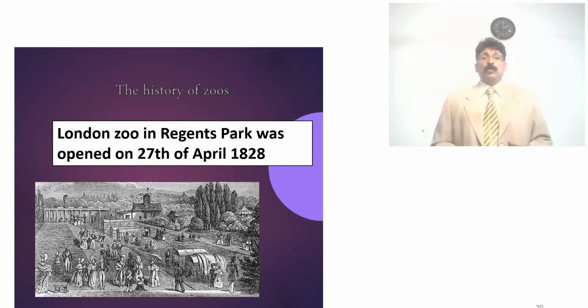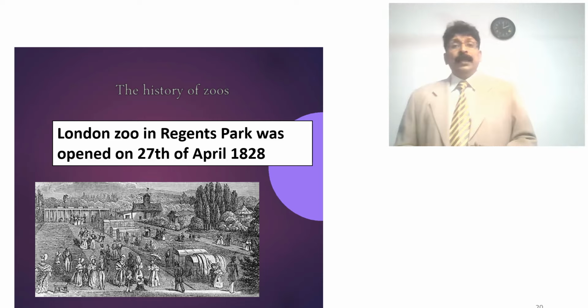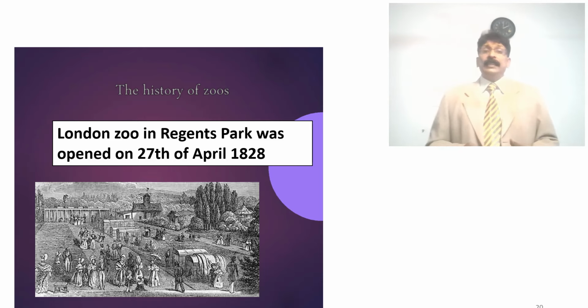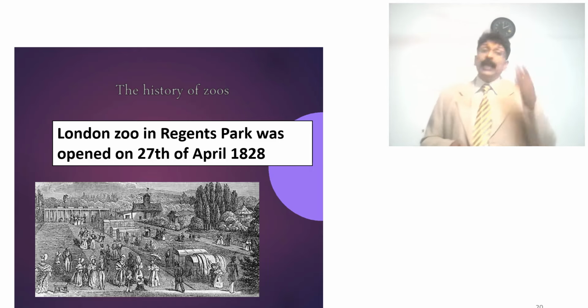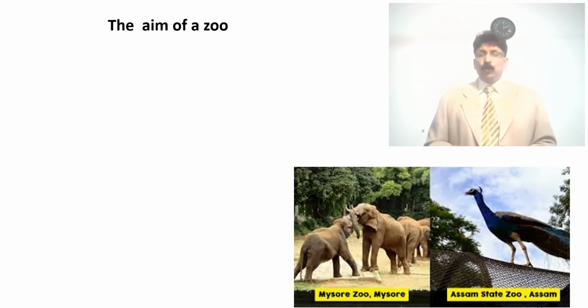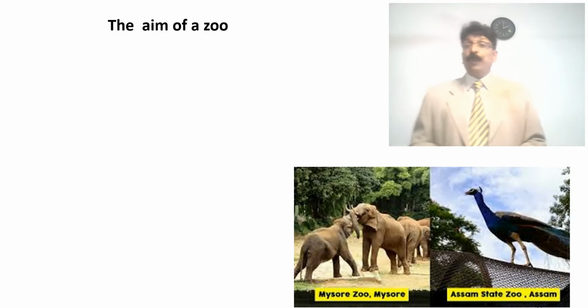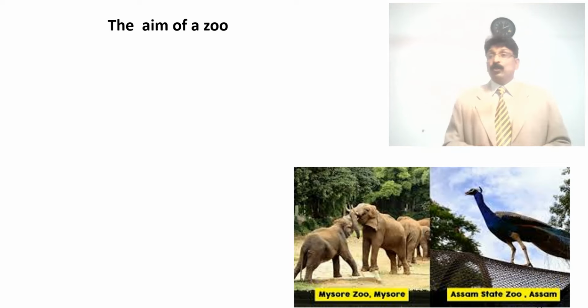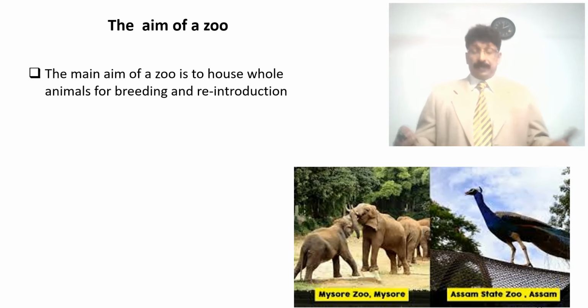In London, you can see the history of zoos. London Zoo in Regent's Park was opened on 27th of April 1828. The aim of a zoo: you have many zoos, Trivandrum Zoo also is a very famous zoo, Mysore Zoo and Assam State Zoo, I have taken simply a picture.